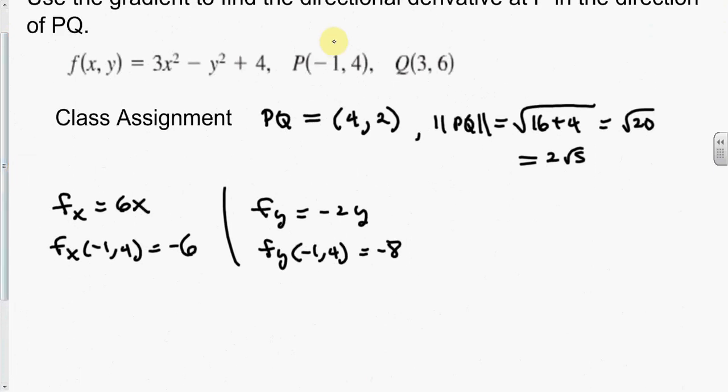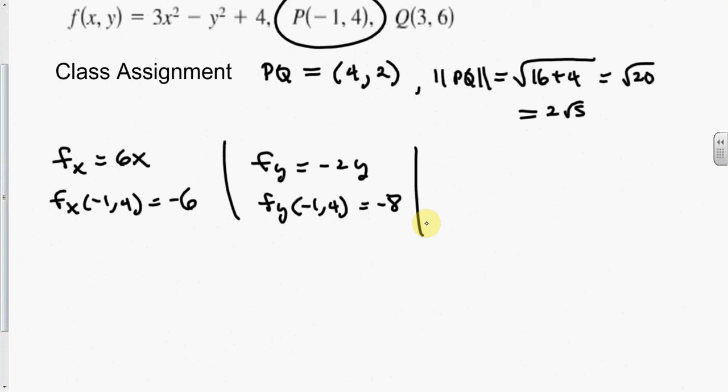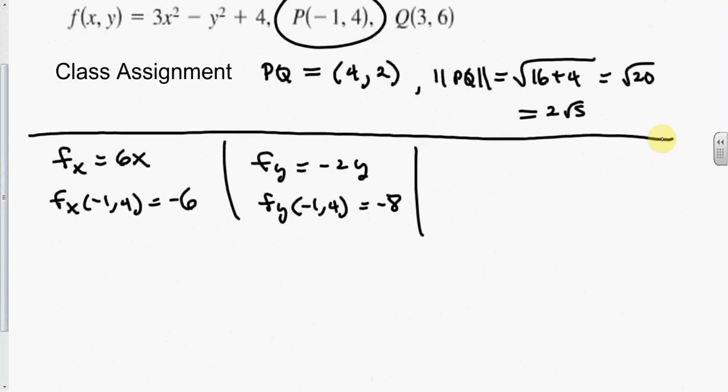It's always at the point P. Yeah, the directional derivative is always evaluated at the point P because P is fixed.